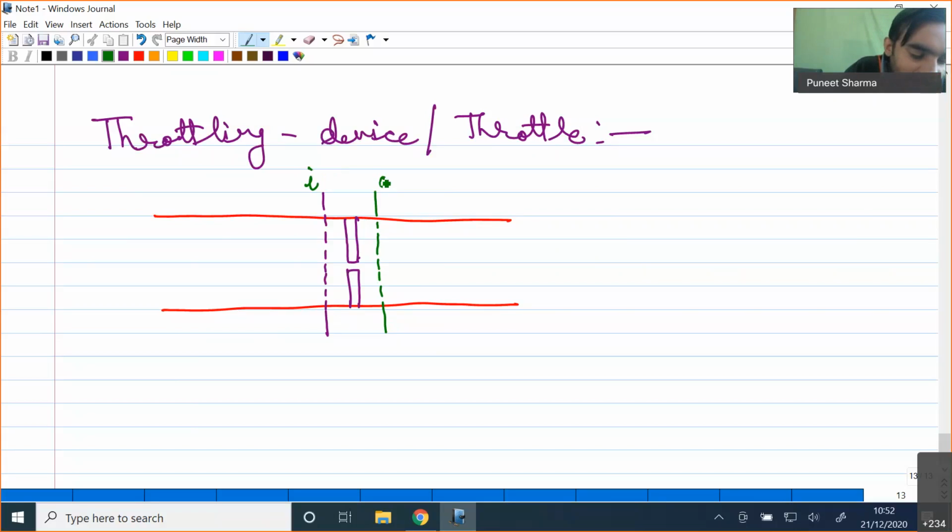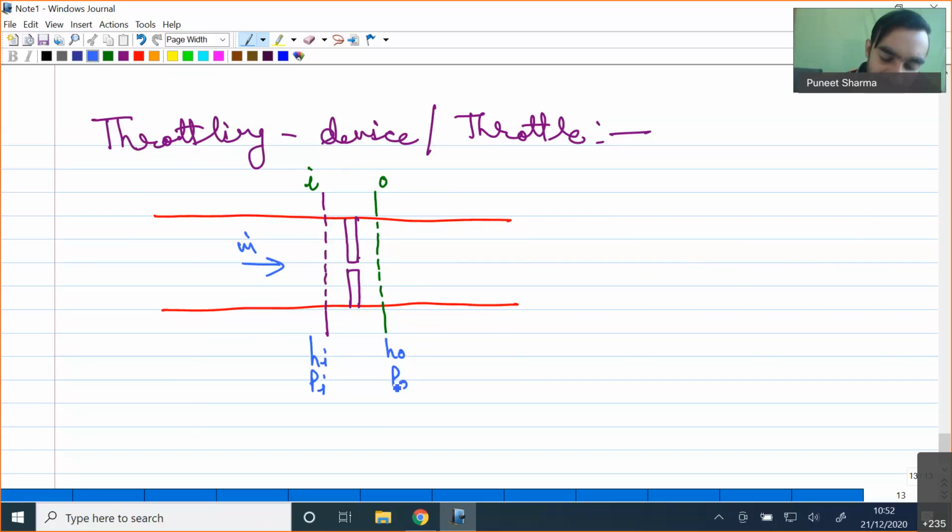I will have the mass flow rate as m dot. Obviously, whatever mass flow rate is entering, in order to ensure a steady flow process, that mass flow rate has to be the same. I can say HI is enthalpy at the inlet, PI is pressure, and over here HO is enthalpy at outlet and PO is pressure.